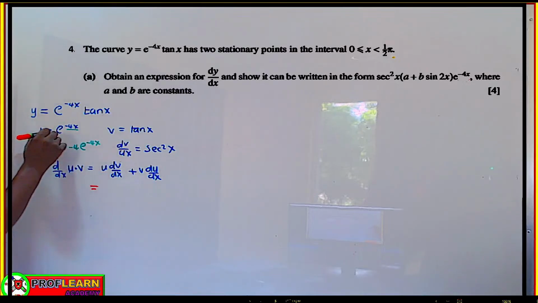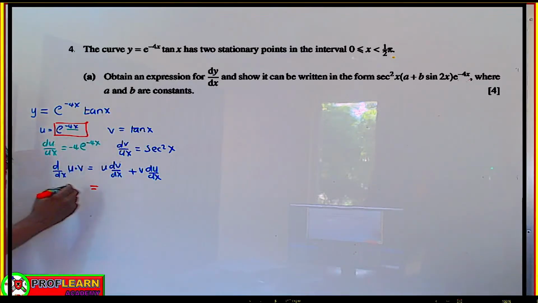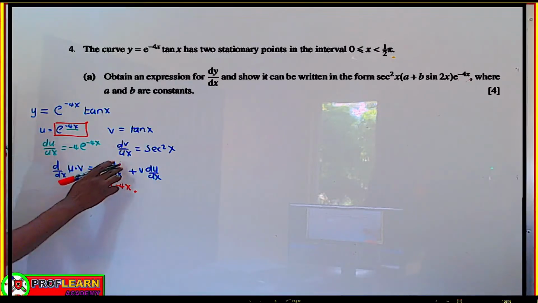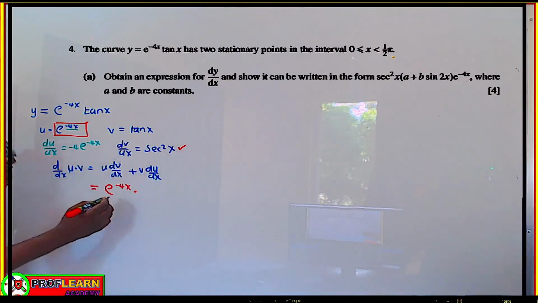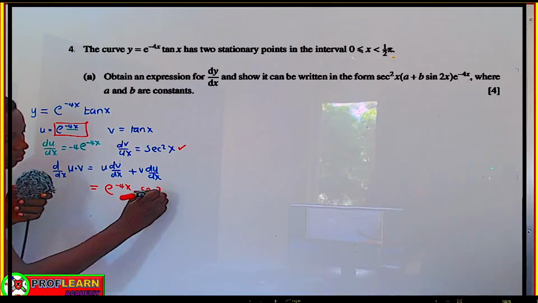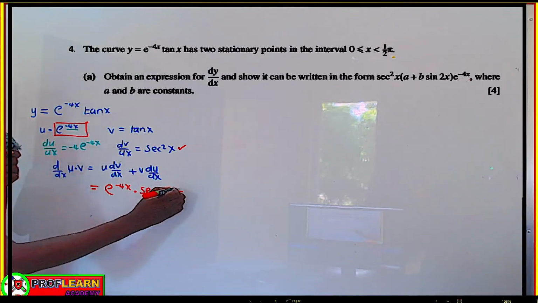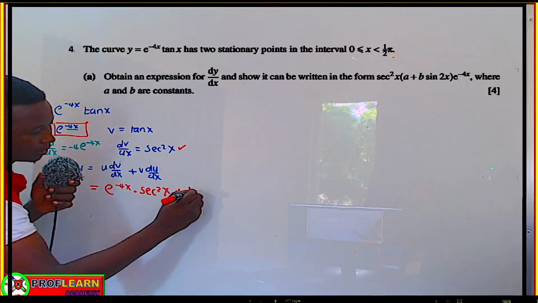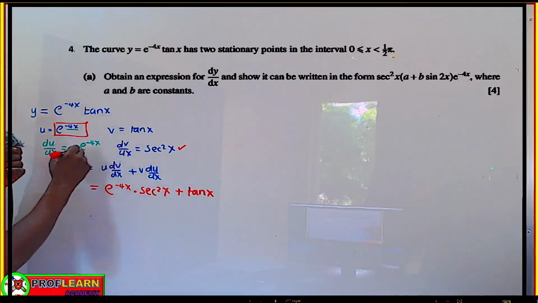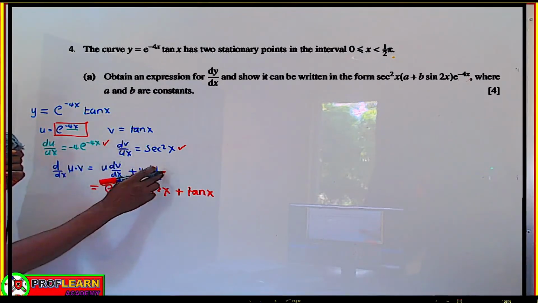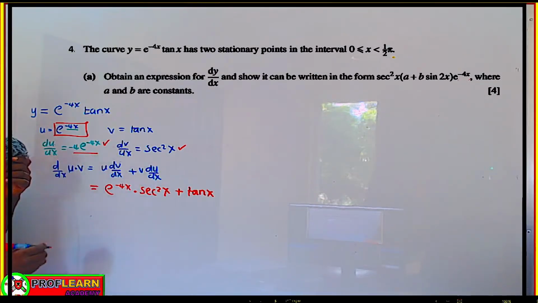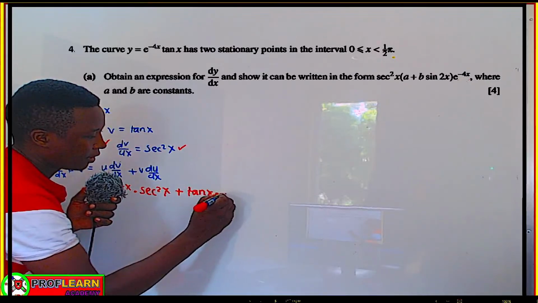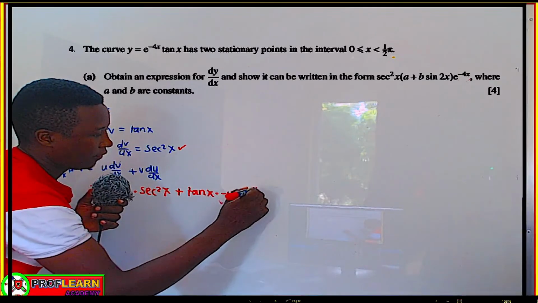Our u is e to negative 4x, so that's e to negative 4x times dv, which is sec squared x, plus v du. Our v is tan x, and we had gotten our du dx, which is negative 4 e to negative 4x.